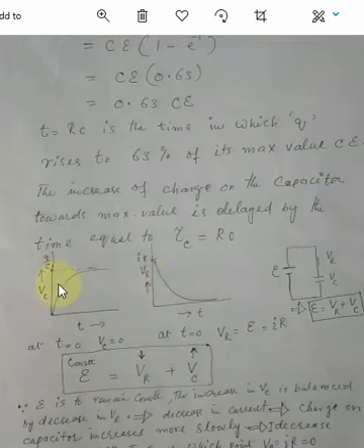So the increase in VC is balanced by the decrease in VR to keep E constant.